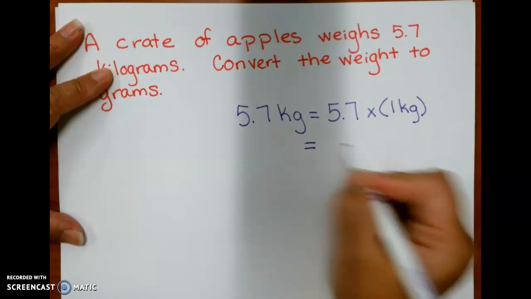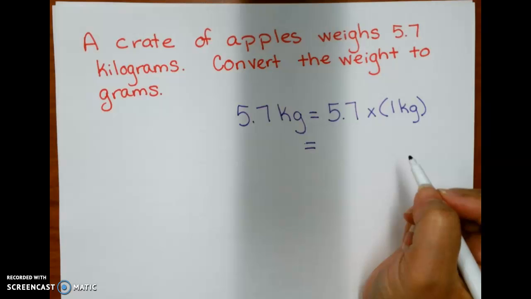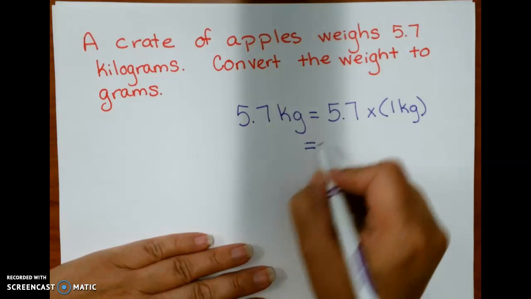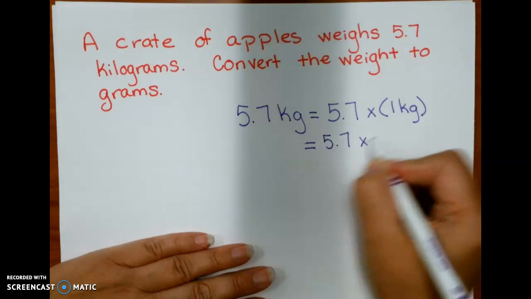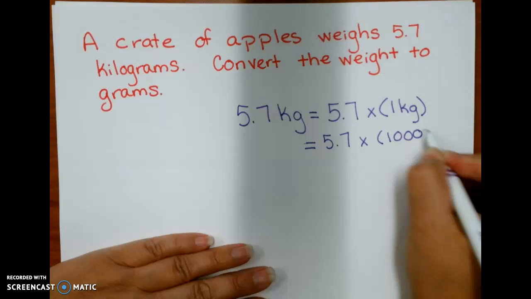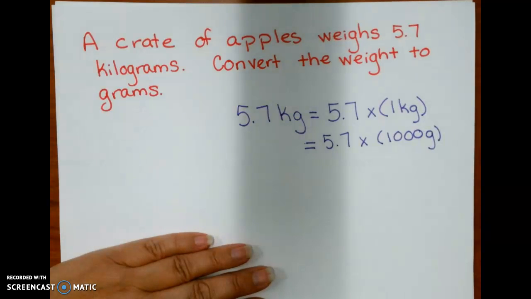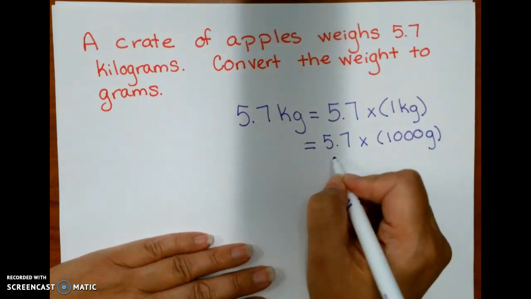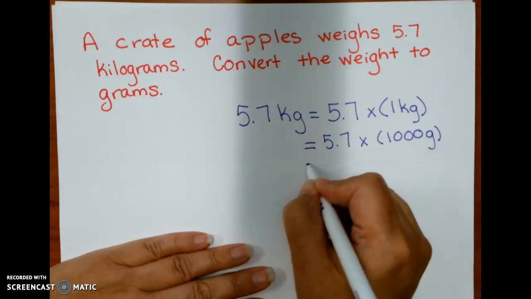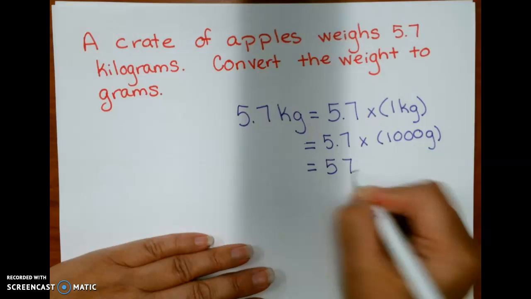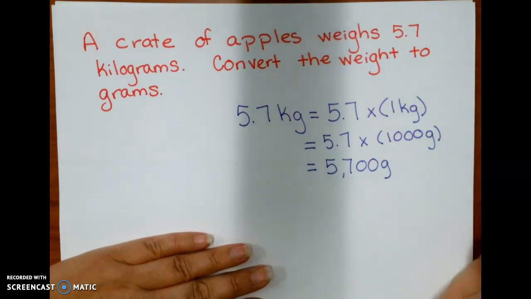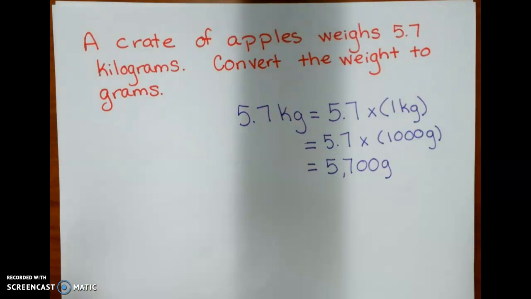It's also equal to 5 7/10 times 1,000 grams. You should remember from last year that 1 kilogram equals 1,000 grams. So now 5 7/10 times 1,000 equals 5,700 grams. Okay, still with me? I know you got this.